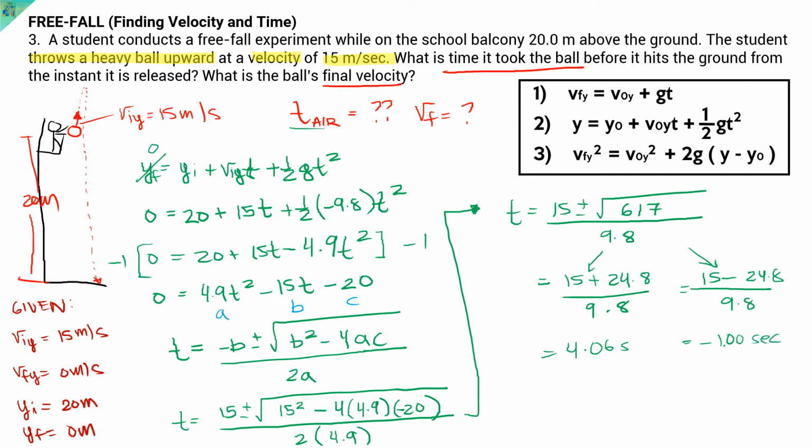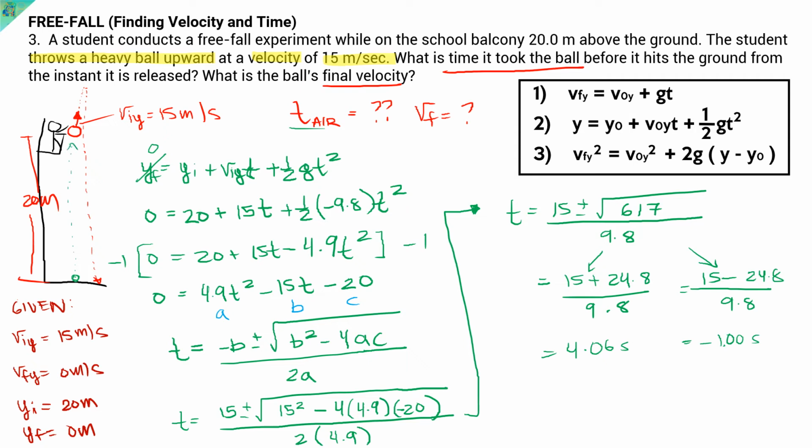Okay, so which is more applicable? When you look at this one, again, we started here and it moves up throughout our story. How about the negative 1.0? The negative 1.0 means that is the time if you started from this point going backward.